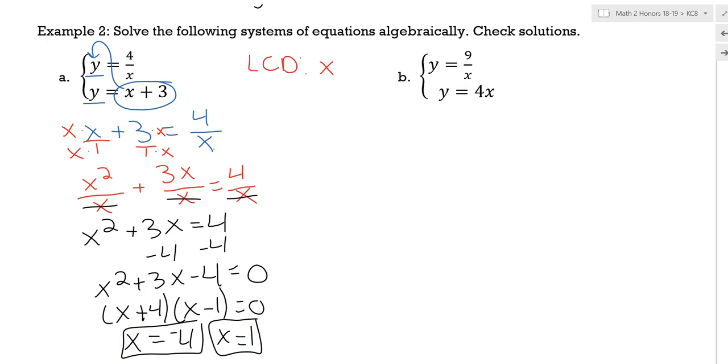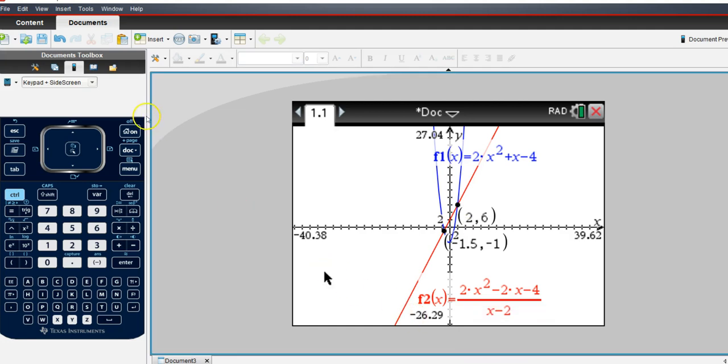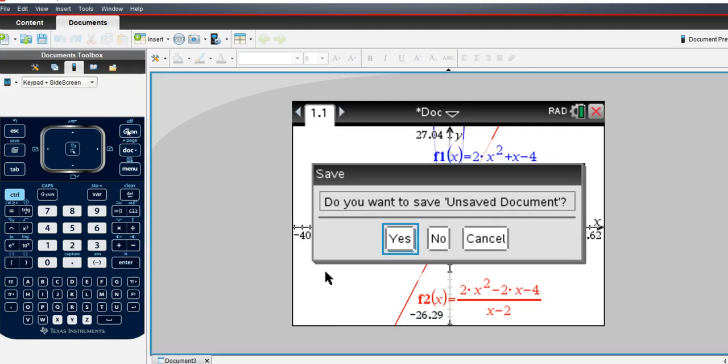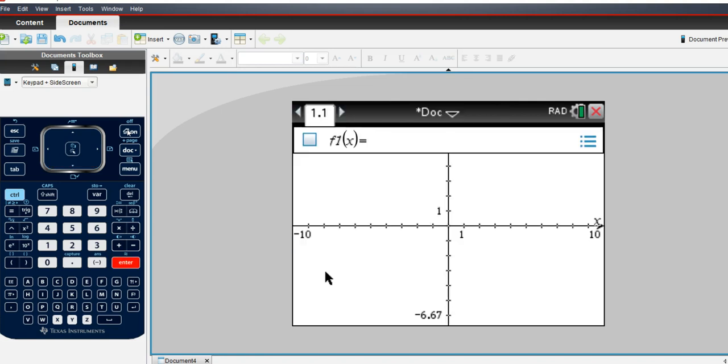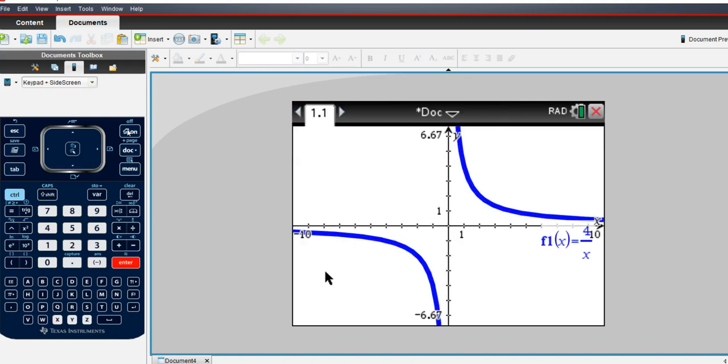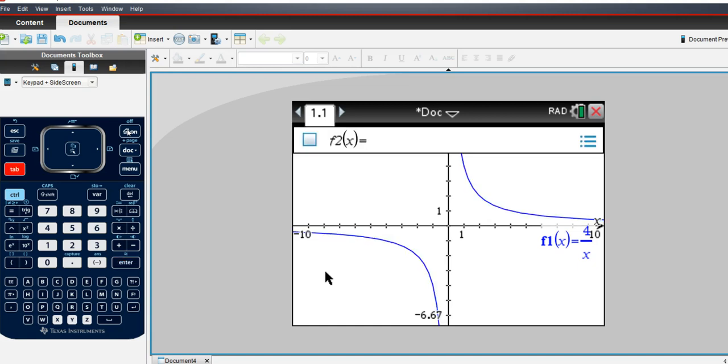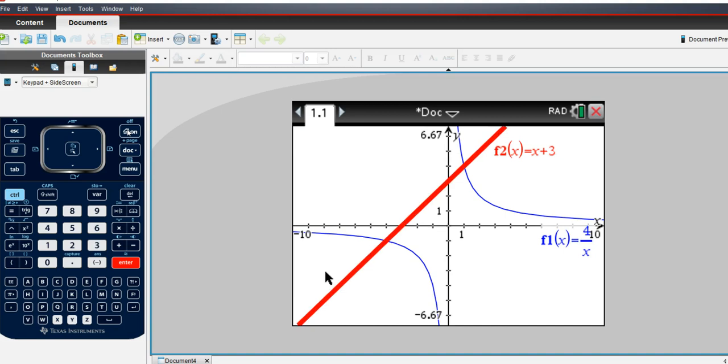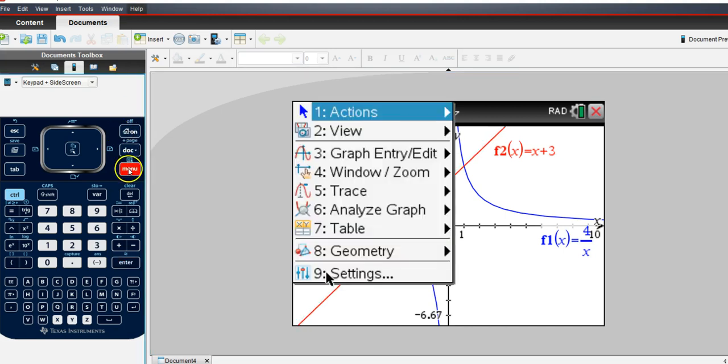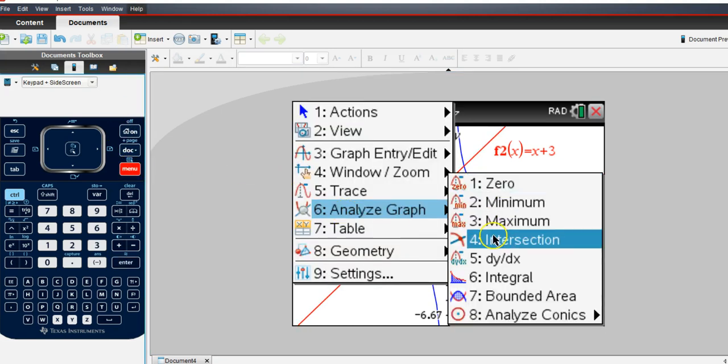Now we can check by graphing. New document, add graphs. So my first one was 4 over x. Hit tab. My second one was x plus 3. I'm just going to check my intersection points are -4 and 1.